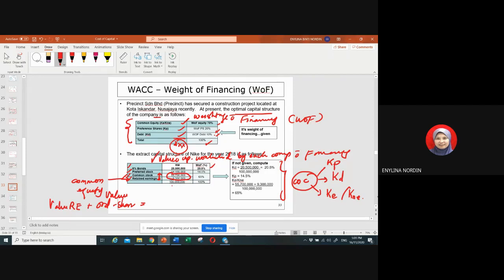If the company relies on retained earnings only, then the company needs to calculate the cost of capital KE. So that's the difference between KE and KNE. Let's say we have calculated the cost of capital except for the KD in this case. Let's say it is given here to calculate KD.